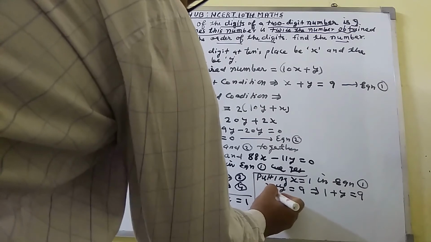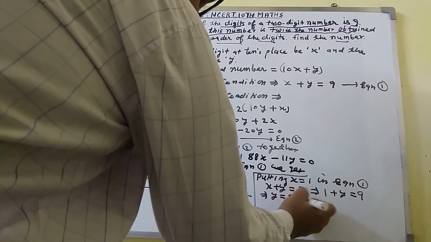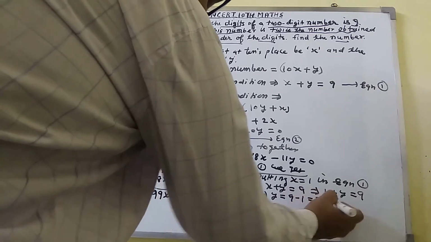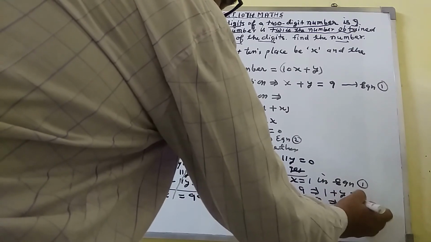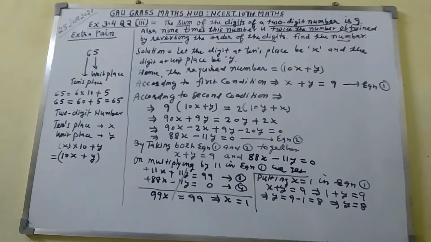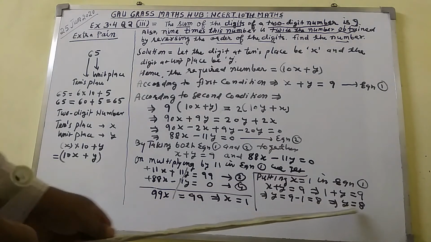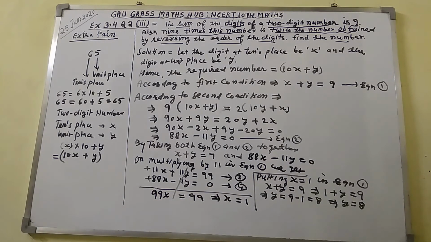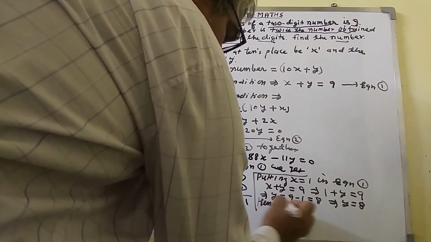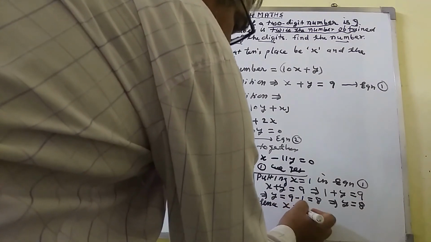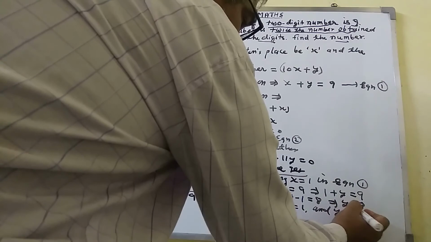Implied that y equal to 9 minus 1 equal to 8. Now you have got the value of y equal to 8. Here the value of x is 1 and value of y equal to 8. Hence x equal to 1 and y equal to 8.